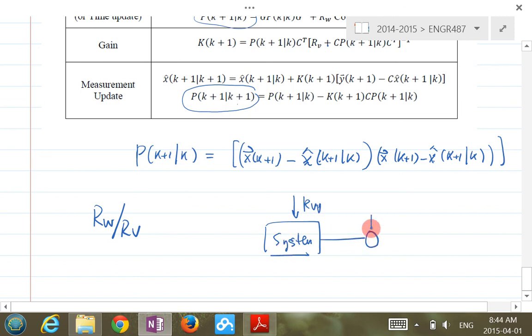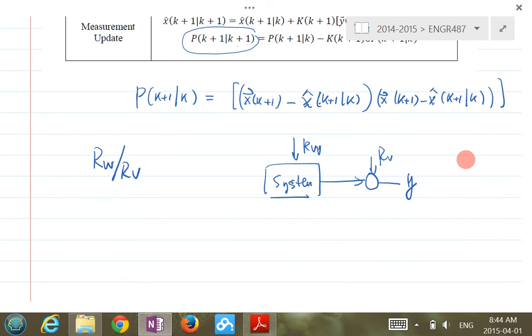Sensor noise is the noise that goes into the sensor. So imagine there's a sensor at this location, then it's going to be contaminated by the noise, like this.